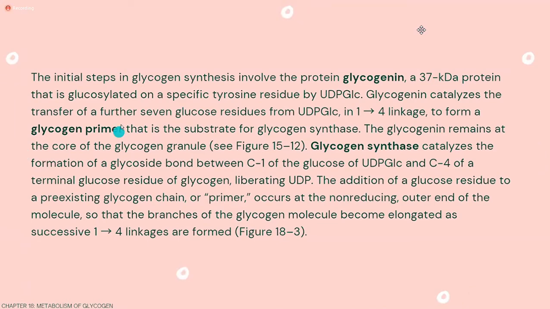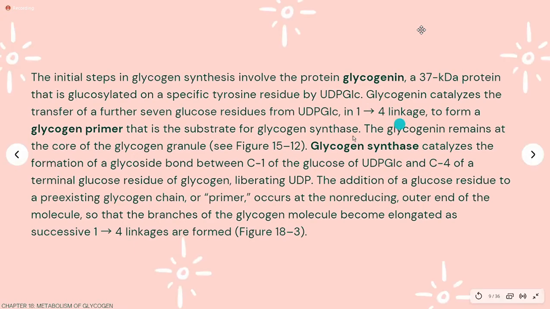So, to the glycogen primer, we put more UDP glucose until you arborize the glycogen. Create a 1,6 linkage as a branch, and then you continue creating alpha 1,4 linkages. The glycogenin remains at the core of the glycogen granule.